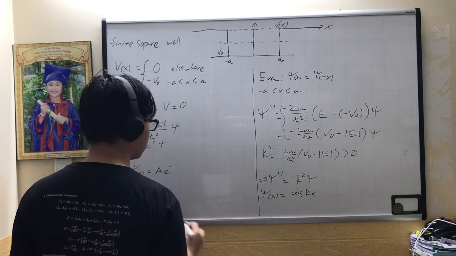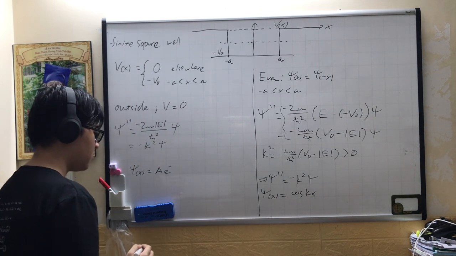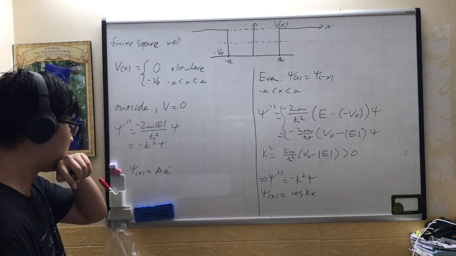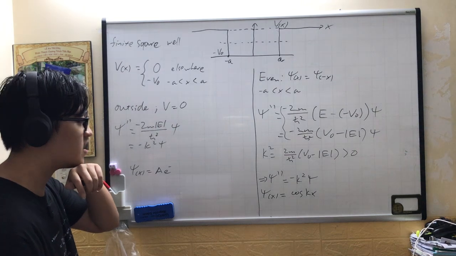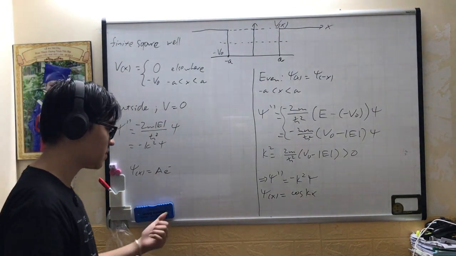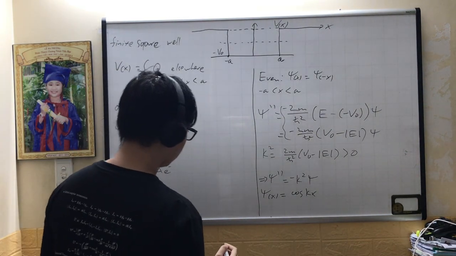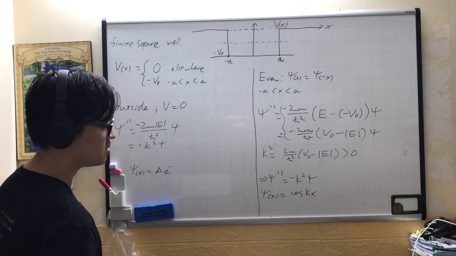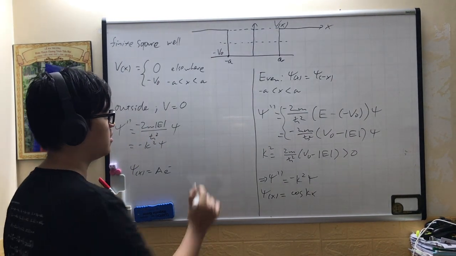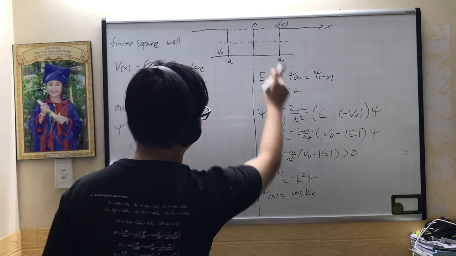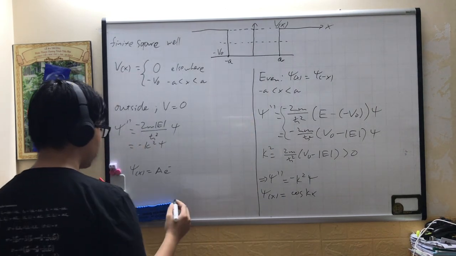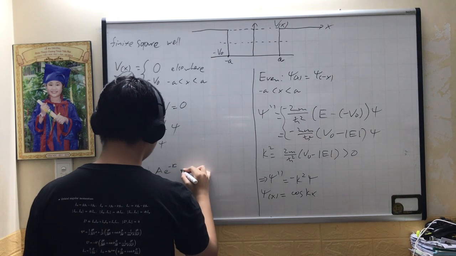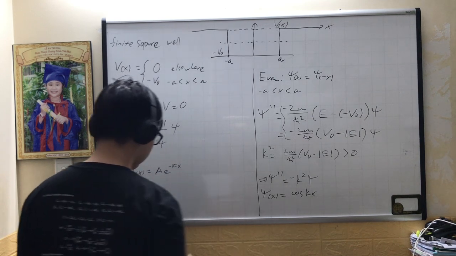Just write it as alpha e to the minus kappa x. Remember when I said that I don't want to use k for both the inside and outside parts? The reason is that in quantum mechanics, people often associate the inside with k and the outside with kappa instead. So this guy is kappa x.